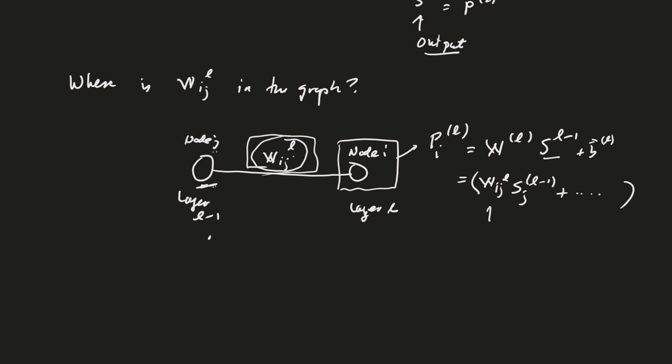This is the only spot where Wijl is going to appear in this pre-state computation. I say that because we're going to be taking the derivative with respect to this, so it's going to be important to identify how this is related in this matrix multiplication. We'll come back to that in just a minute.